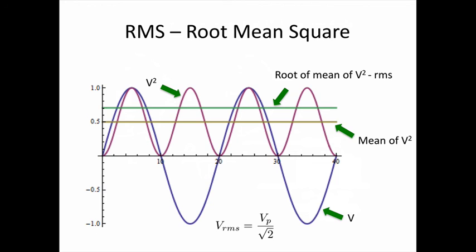Then we can take an average. The average of that V squared curve is half of the peak value. So once we take the average, which is half, we then take the square root, and that lets us define an RMS voltage that equals the peak voltage over root 2.